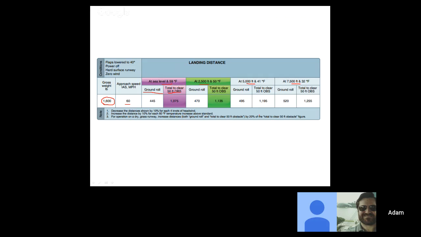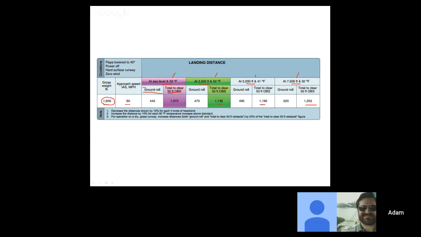And so what this is basically saying is, as I go up in altitude, based on the discussion we just had, I can expect to have longer landing distances because my true airspeed's got to be higher to maintain my lift all the way down to the touchdown point.